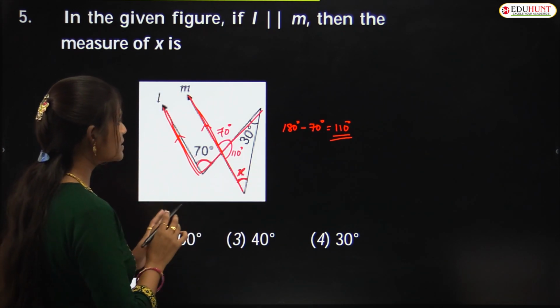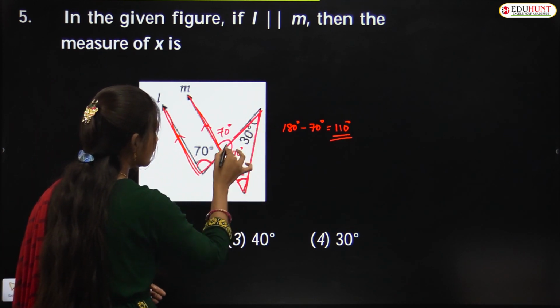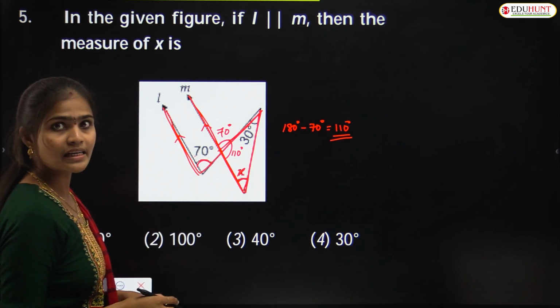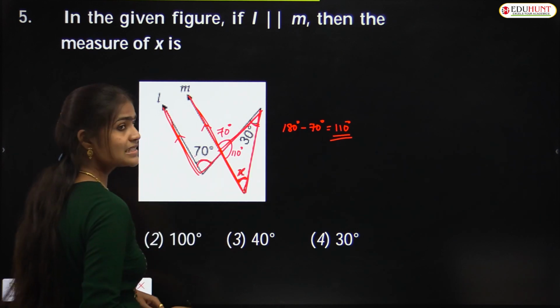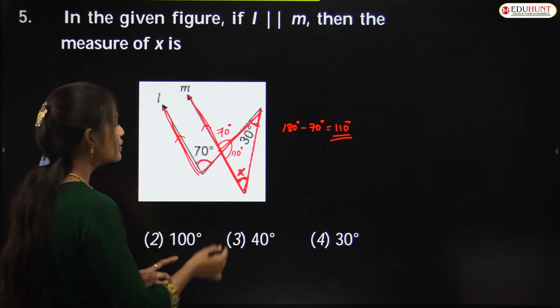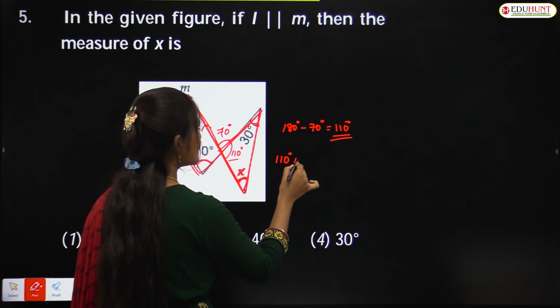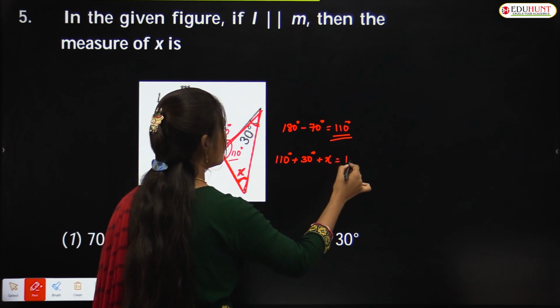Okay. When you observe that figure, here again we can observe a small triangle. Again the sum of all interior angles of a triangle is equal to 180 degrees only, no? So apply that condition. Here 110 degrees plus 30 degrees plus x is equal to 180 degrees.